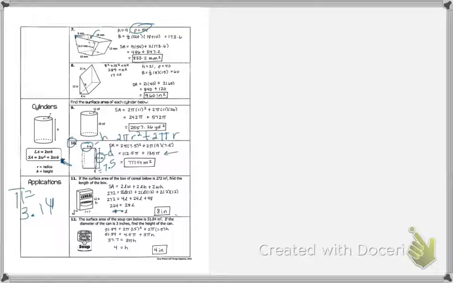They brought it down to this. And then they used the scientific calculator to get this answer. Use 3.14. If you do that, you should get 777.15.